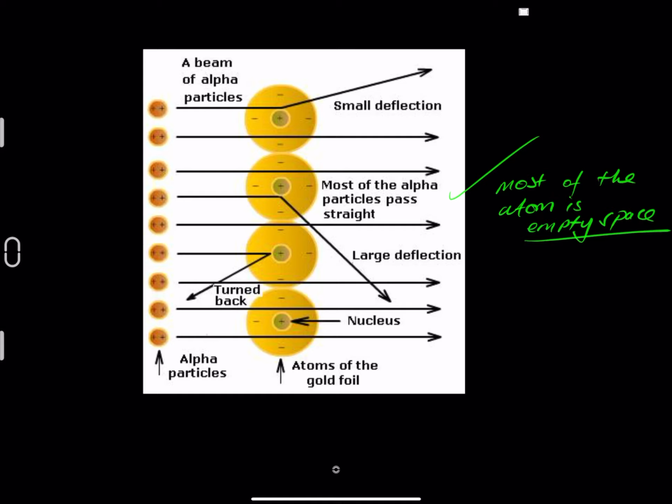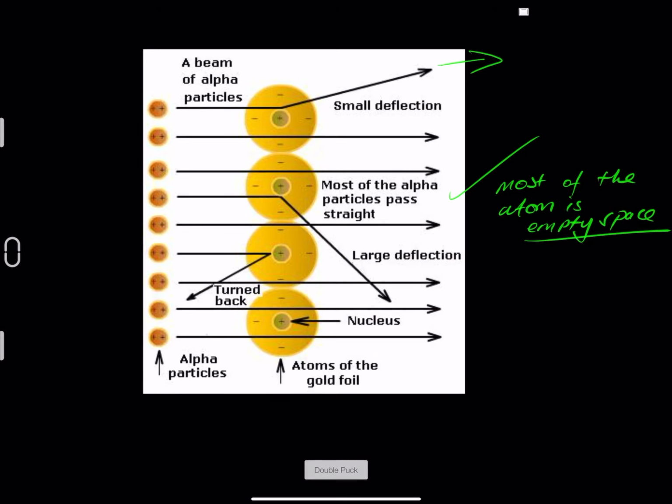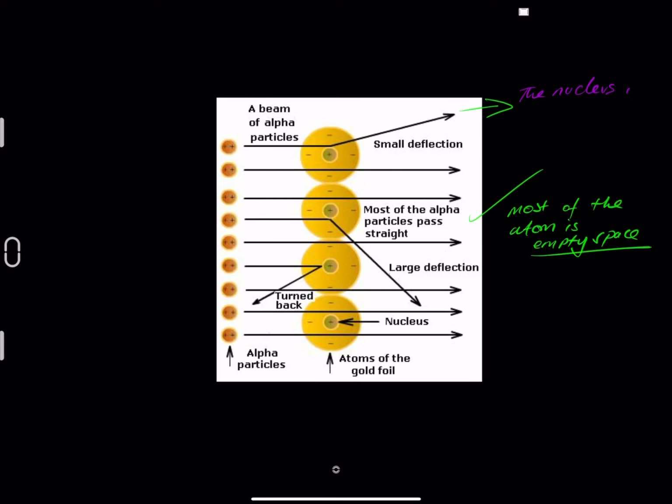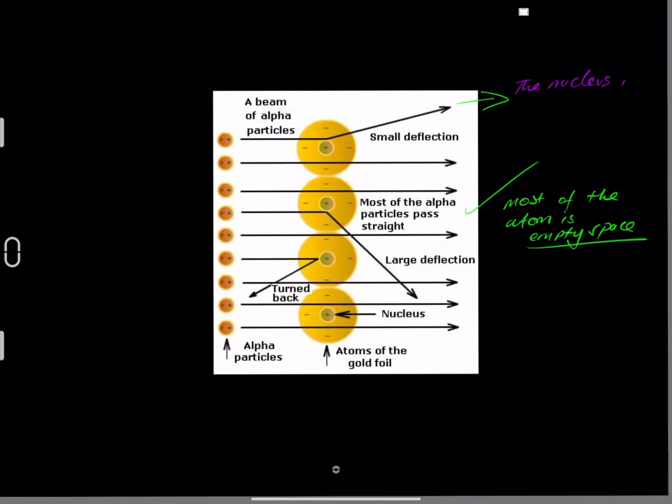A small deflection, let's put it in a different color, the small deflection, i.e. the curving of the alpha particle trajectory, indicates that the nucleus is positively charged.